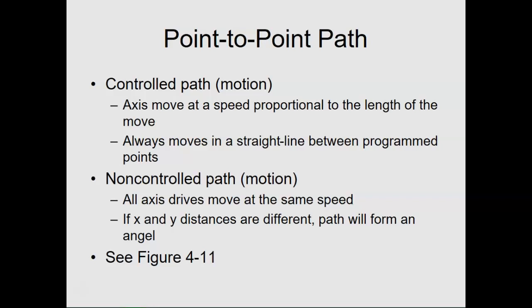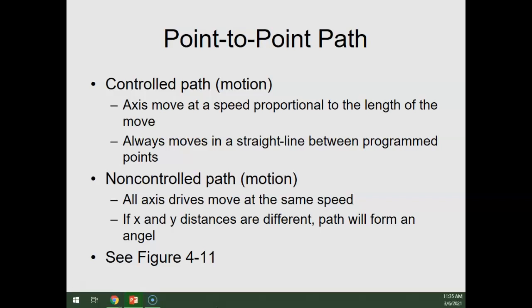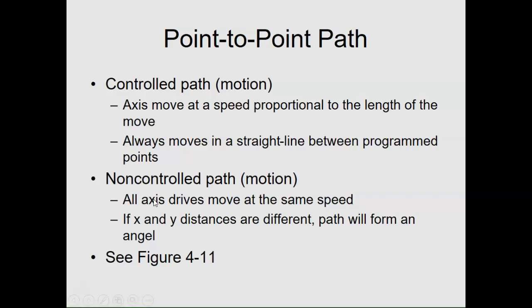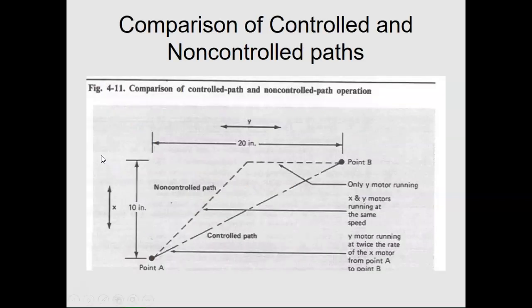There's another move called a joint move, and this is where all your axis drives move at the same speed. And if X and Y distances are different, you will get an angle. You can also get some very, very funny, weird moves out of the robot.